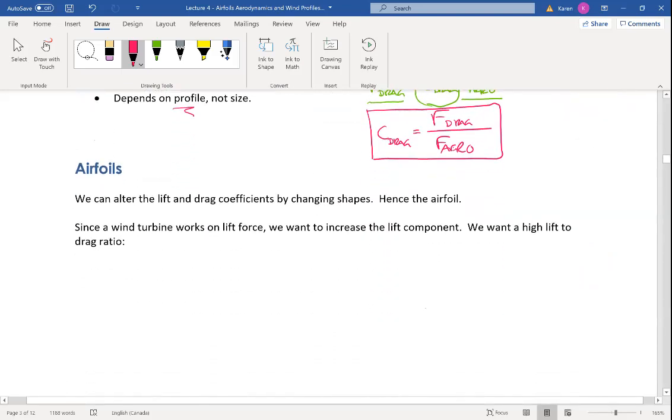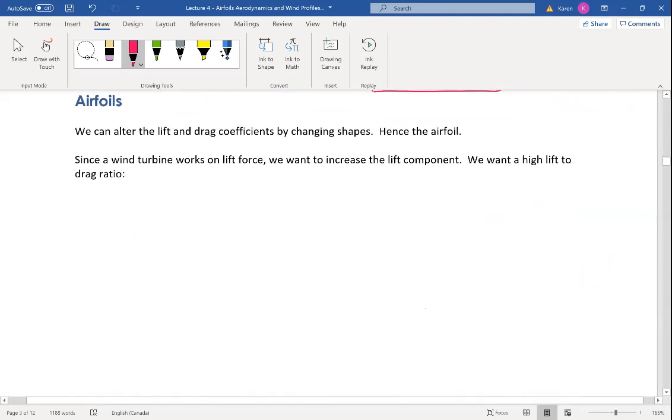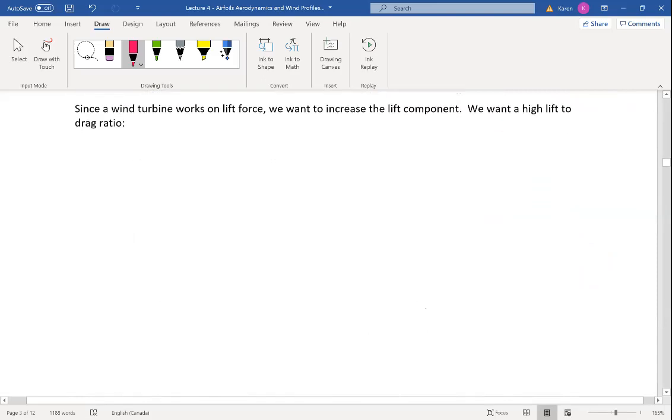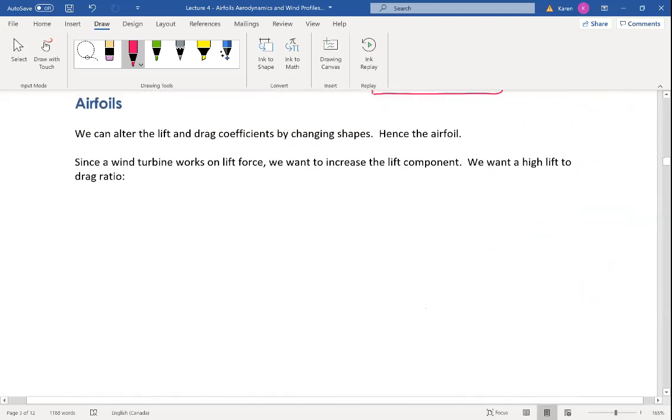So let's look at the particular shape that is used in a wind turbine, in wind turbine technology. An airfoil is a shape that we use to make a lot of lift.